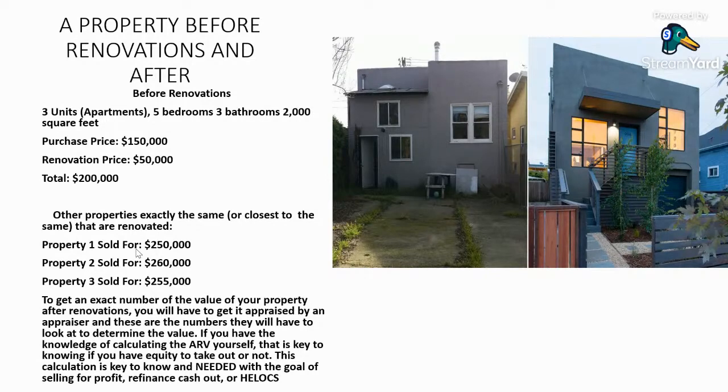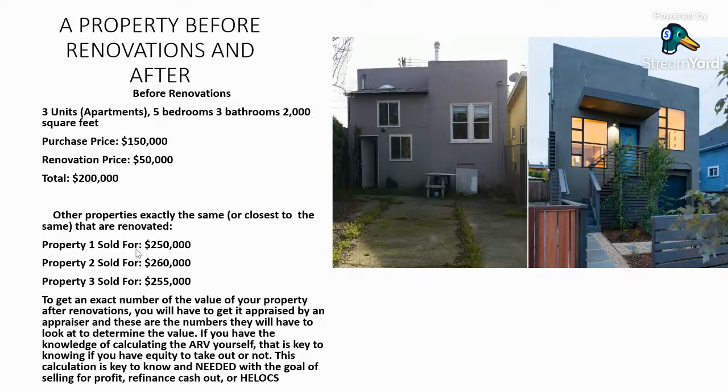Cool. They'll go back to the lender, give them that appraisal, and the lender will tell you they're going to loan you a total of 75 to 80% of $250,000, of the property's value.